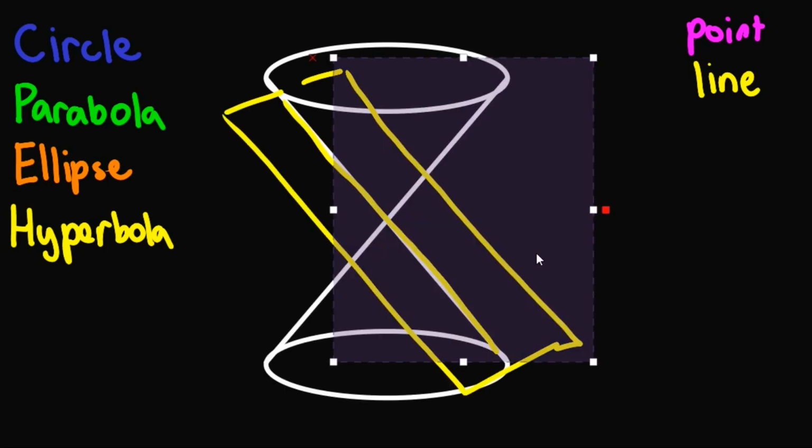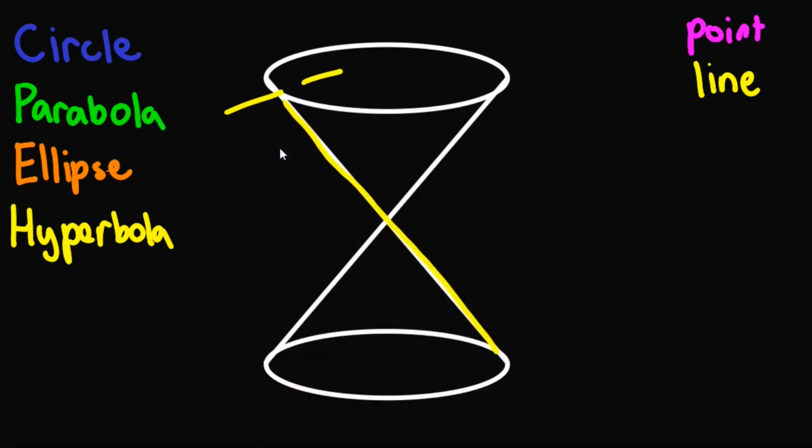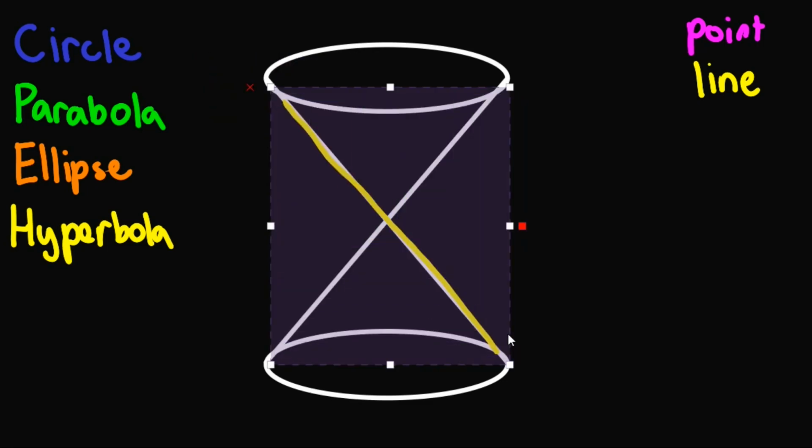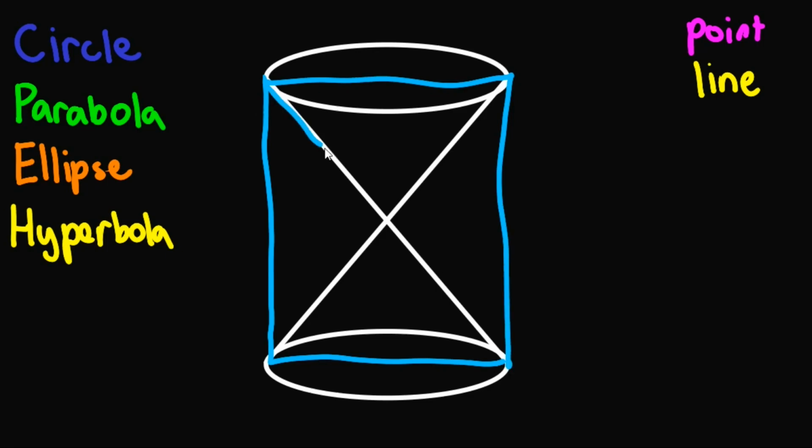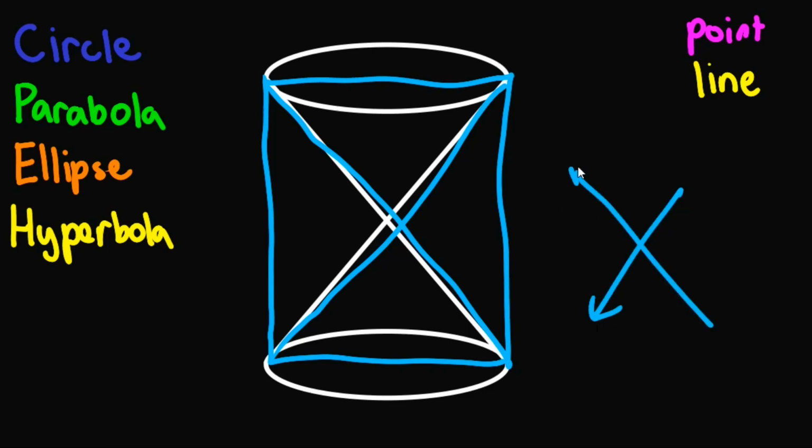Let's just manually erase one by one of this. There. And lastly, if we cut through this one out here, and this hits the two generators, it cuts through these two only, assuming that that is correct, then what we get are intersecting lines.